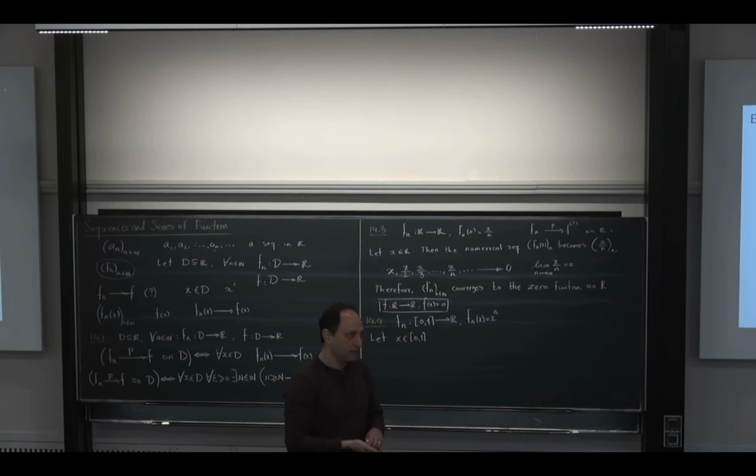Do you agree? If I choose x to be 0, what will be my sequence of numbers? All of them will give me 0. So I will get a constant sequence of zeros, which definitely converges to 0.